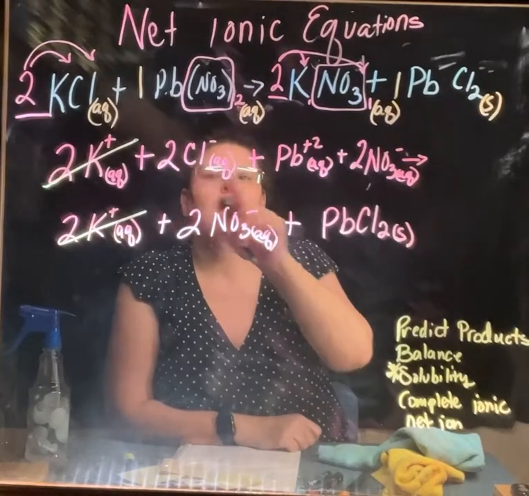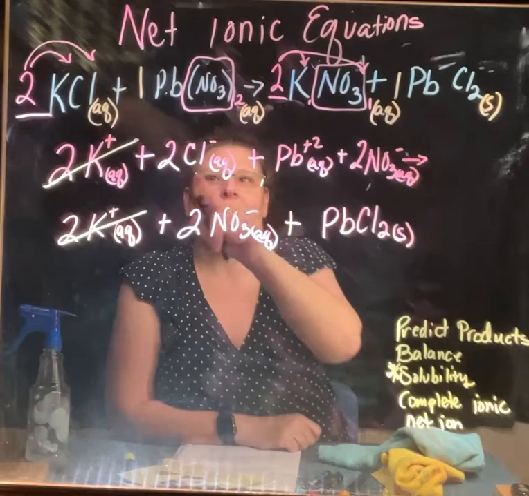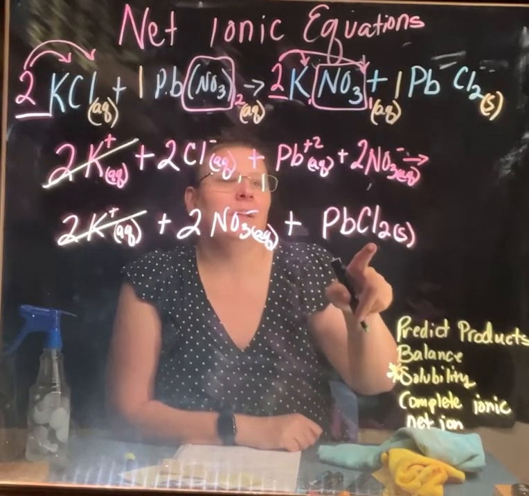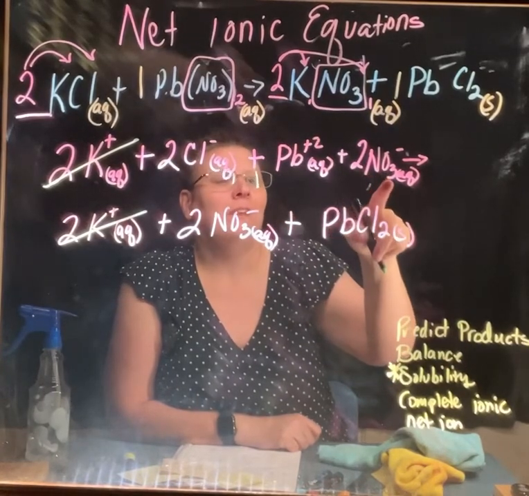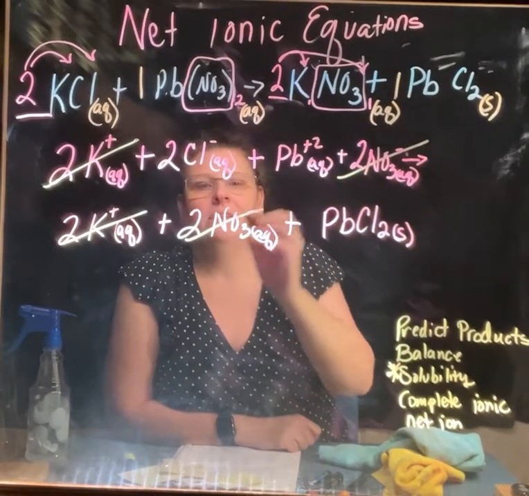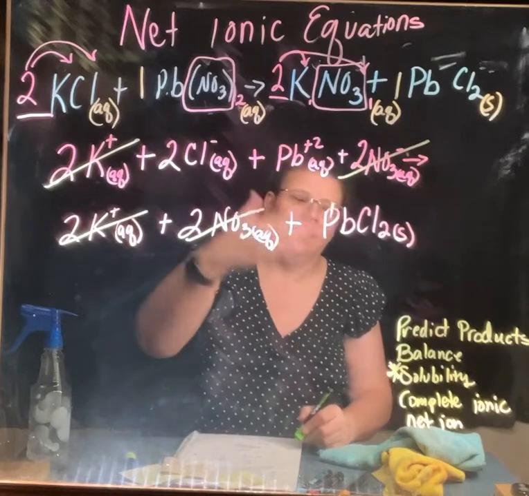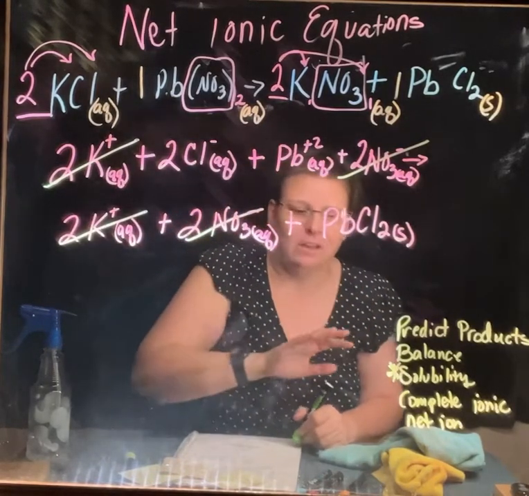We have chlorine. Well, chlorine is in the solid, so it does not match. It does not look the same. Lead is over here in the solid, and does not match. But here's 2 nitrates and here's 2 nitrates. That is a spectator ion, meaning it is not involved in the making of the solid.